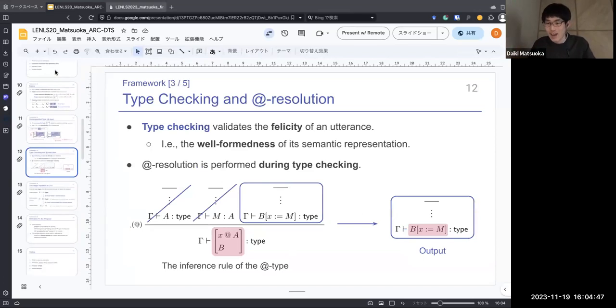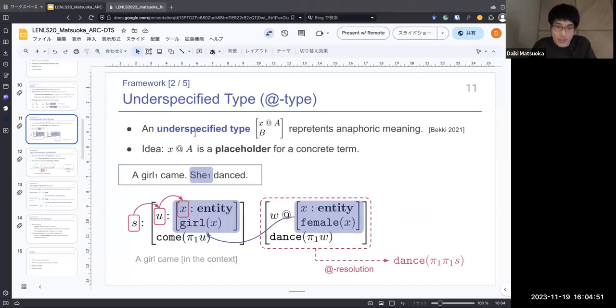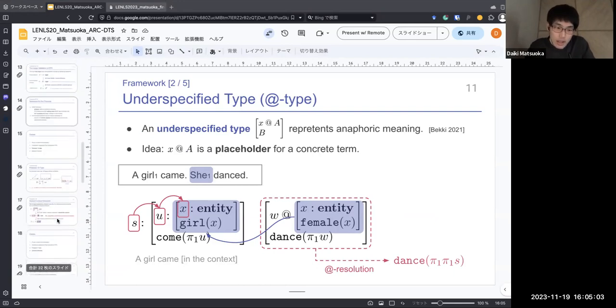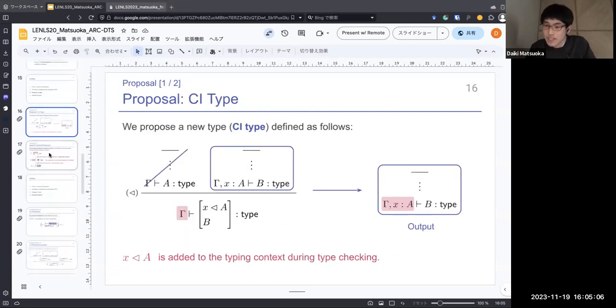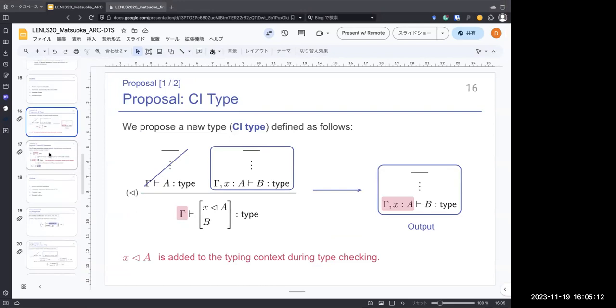So for the audience other than Kumakura-san, we have used unspecified types, but another variant uses unspecified terms, and I believe that the choice between these two doesn't affect the proposal about CIs. I think they are kind of orthogonal. Thank you for your explanation.